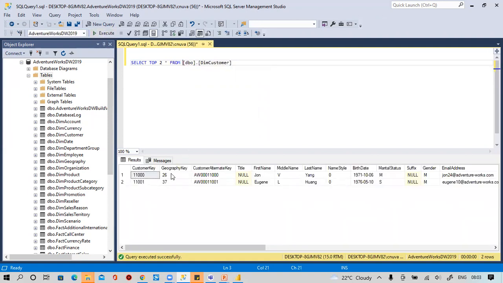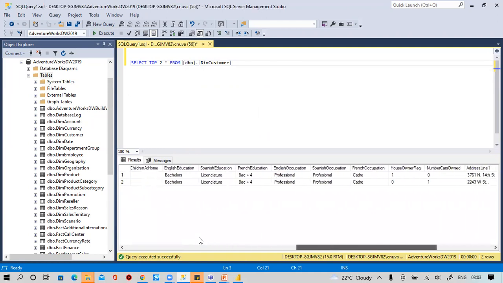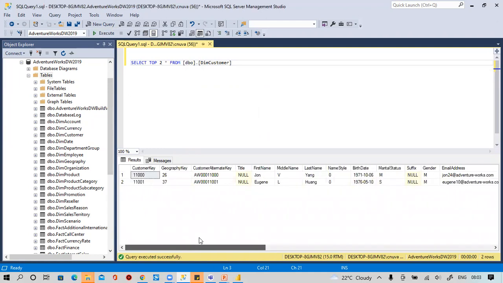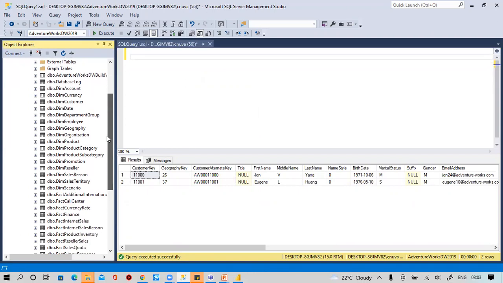It has the customer key, geography key, and middle name, last name, something something. It doesn't tell anything related to the sales order number and its amount, anything. So we can say that it is not a fact table. Let's go through all the tables. Like you can see, let's say fact internet sales.